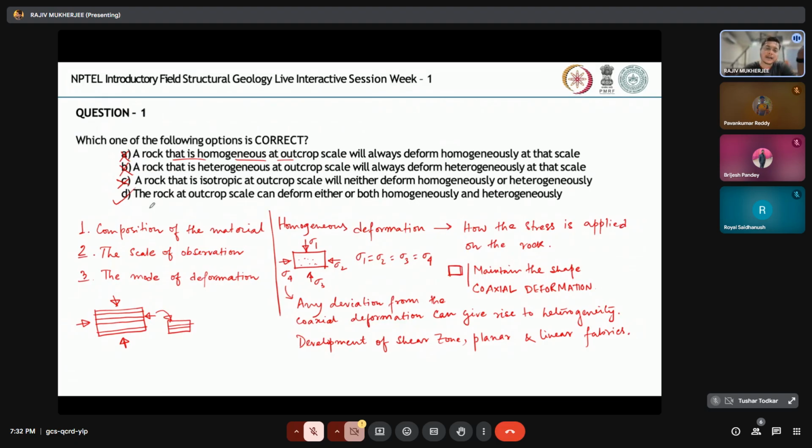It is possible that the regional scale fold is a large open fold, but in a particular outcrop, in a particular section that you're observing, you can actually get a very tight isoclinal fold or even an overturned fold or very asymmetric folds, whatever, right? So that is possible. So deformation can be independent of the material that you are studying.